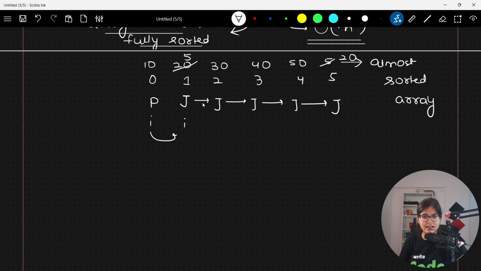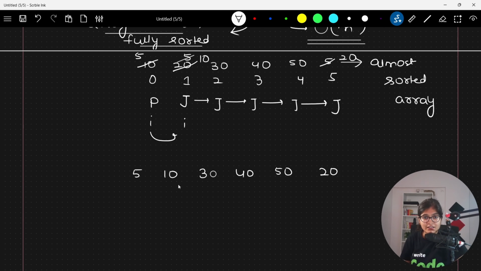Once it is out of the for loop, the value of pivot and the value of A of I will get swapped. So 10 will go here and 5 will come here. Finally, you will get an array which is 5, 10, 30, 40, 50 and 20.